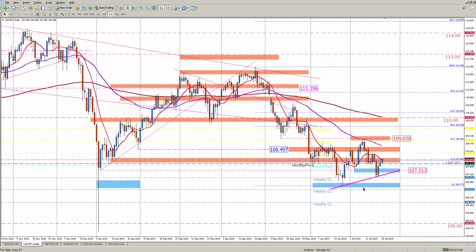Drawn a lower trend line to show the higher low, and I did not draw an upper trend line here to show a bullish channel, but because there's quite a bit of resistance up here that it needs to clear with a weekly R1 and the daily 55 period EMA up here as well.